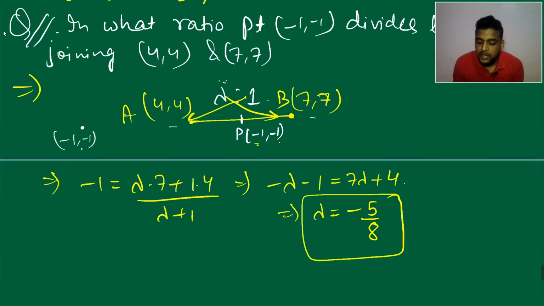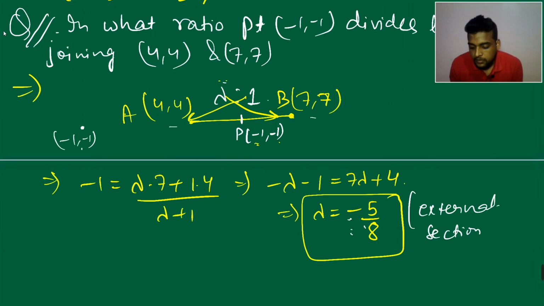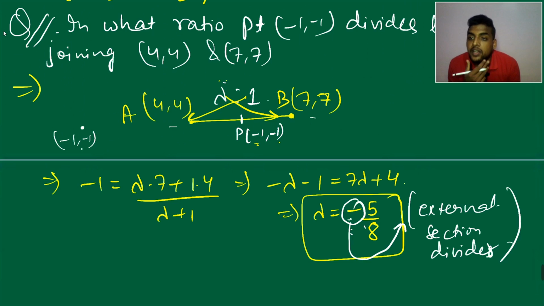But this lambda came out negative, so this minus sign shows this is an external section divider. If lambda is positive, it is an internal section divider. If lambda is negative, it is an external section divider.